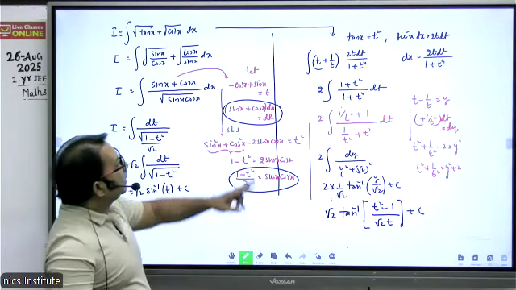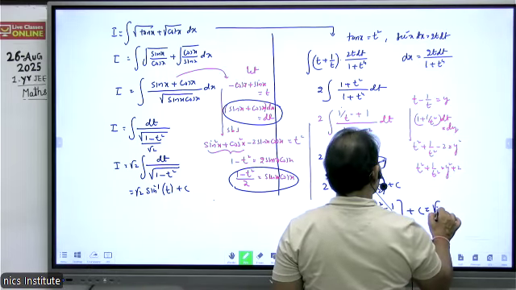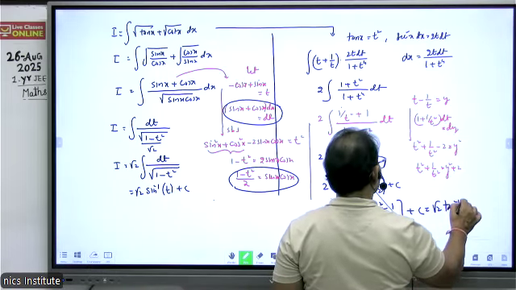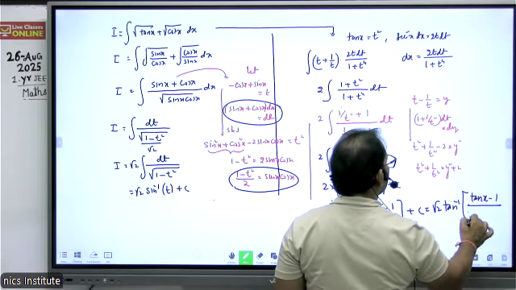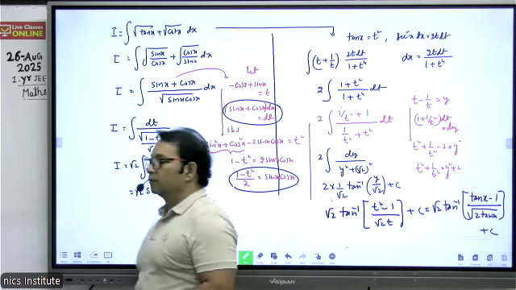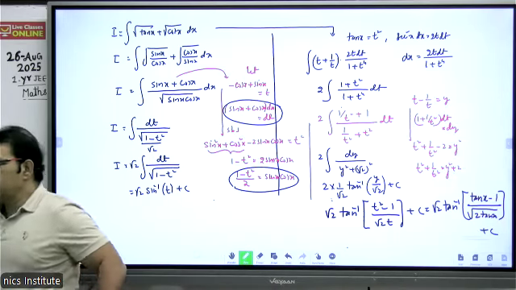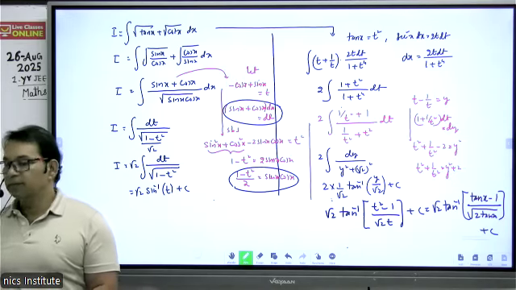And then t square is tan x. So root 2 tan inverse of tan x minus 1 divided by root 2 tan x.